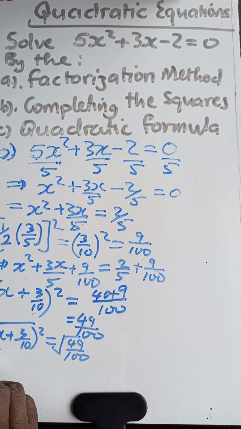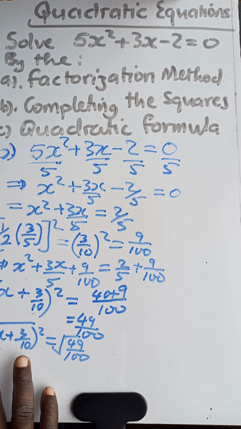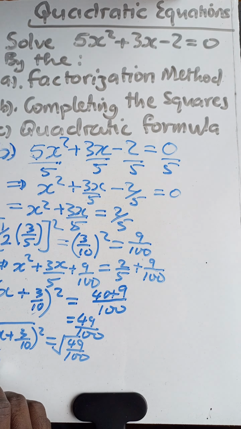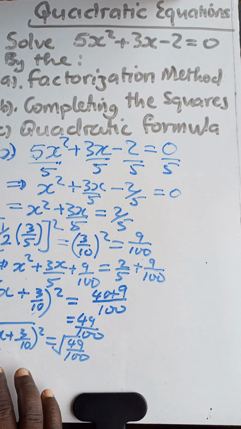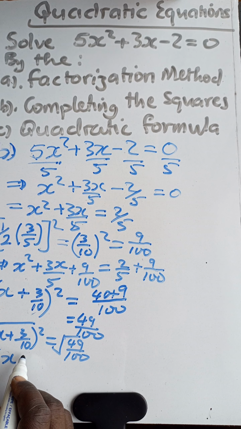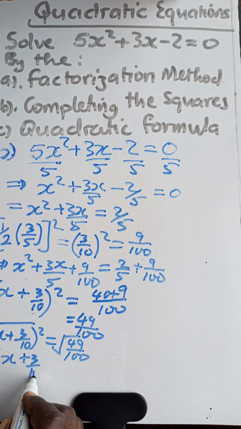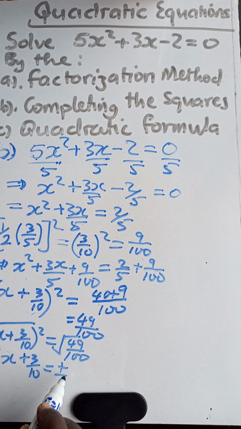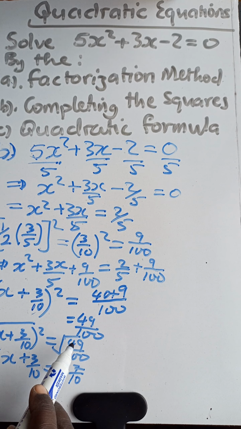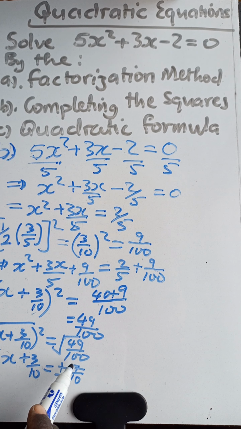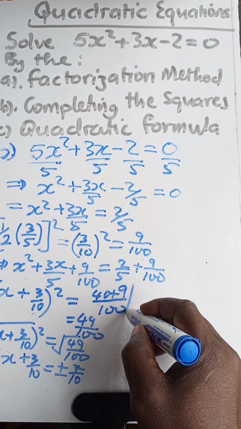We're going to have x plus 3 all over 10 is equal to plus or minus 7 all over 10. The square root of 49 is 7. The square root of 100 is 10.